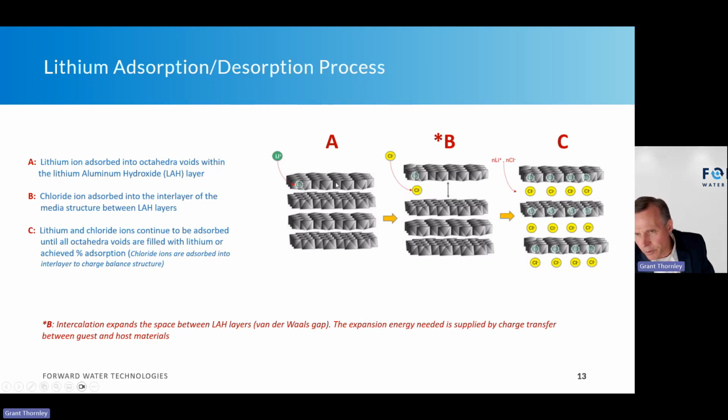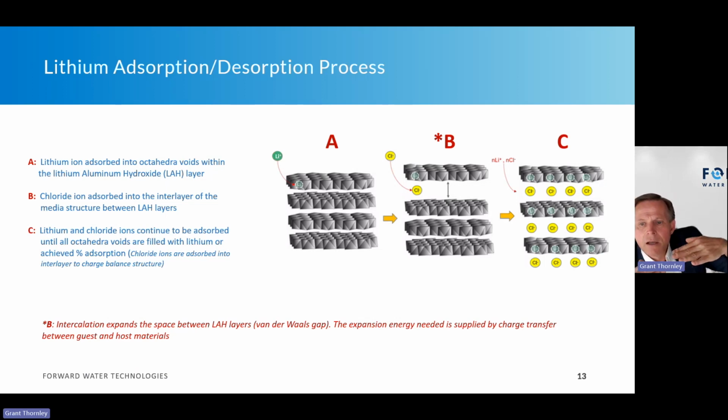So another way of looking at the sorbent is taking a look at the lithium aluminum, or the aluminum hydroxide layers. What happens during the lithium absorption desorption process? In lithium absorption, remember we talked about those octahedral voids? The lithium comes into the octahedral voids, and let me just quickly say that the lithium's not bonding to it, it's binding to it.